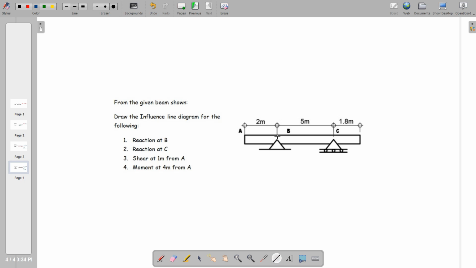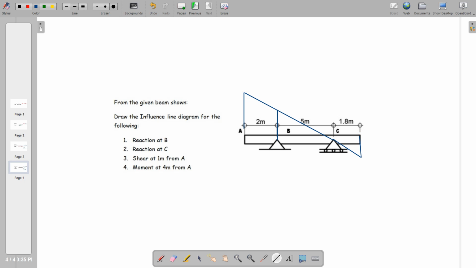For reaction at B, we allow this one to move upwards by 1 unit, and this is projected here, which extends on the overhang.